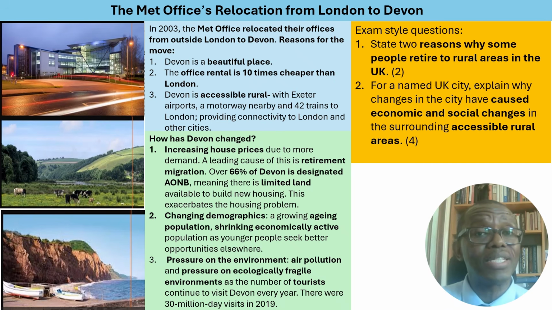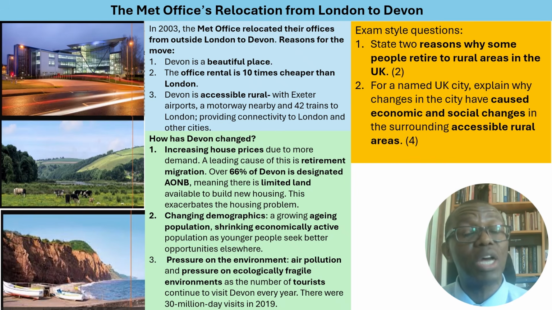Now we saw that there's a lot of retirement migration going into Devon, which then leads to an aging population because there are more elderly people living there, and then because there's not as much economic activity, the younger people tend to move out of Devon to go and seek opportunity in the larger towns and cities, which then leads to a brain drain in Devon, and then exacerbates that problem of an aging population.